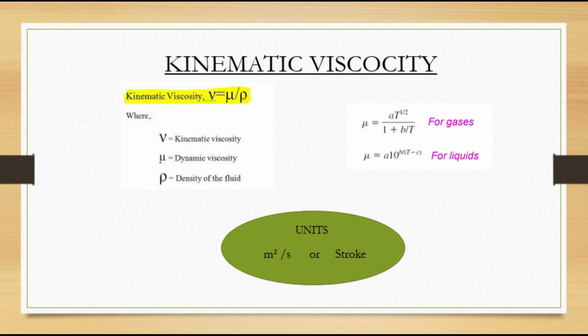This formula is quite simple, and we can see that nu is the kinematic viscosity, mu is dynamic viscosity, and rho is density of the fluid. And there are the formulas for gases and for liquids. The unit is meter square per second or stoke. In conclusion, the viscosity of liquids decreases and the viscosity of gases increases with temperature.